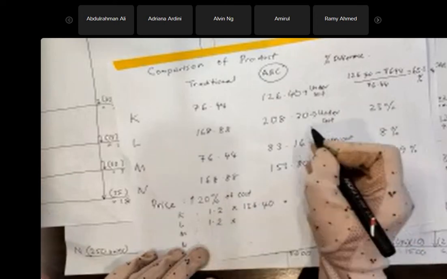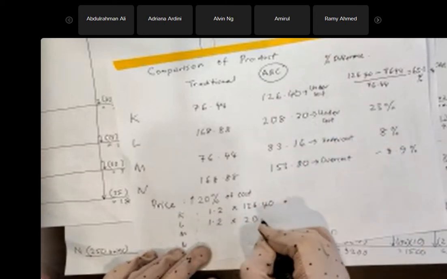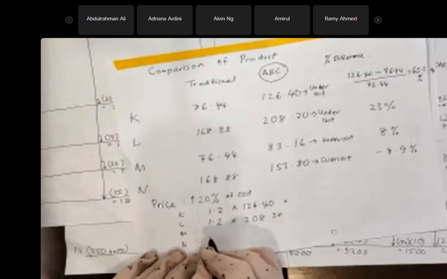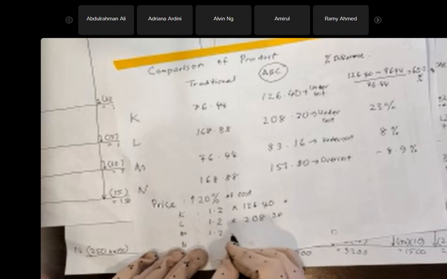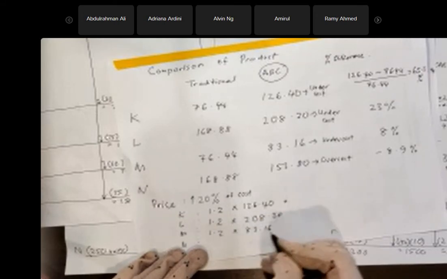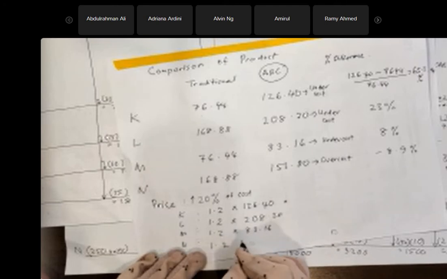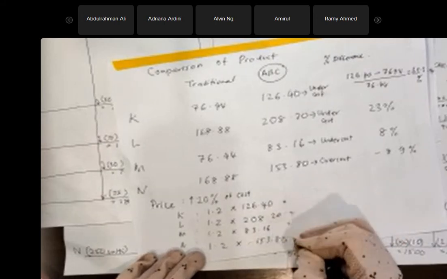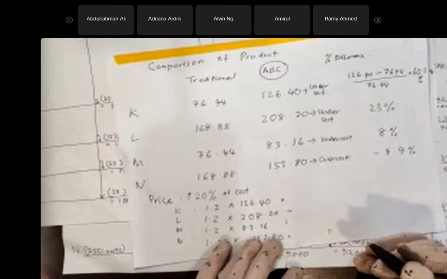1.2 multiplied by each value, so you get the answer for each product.